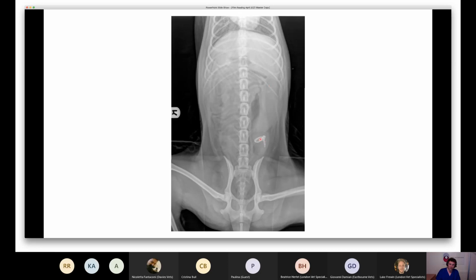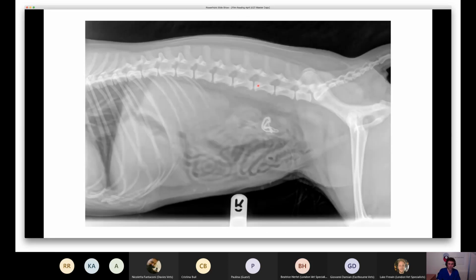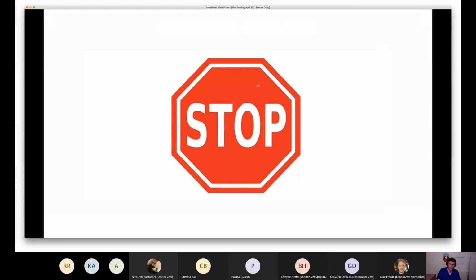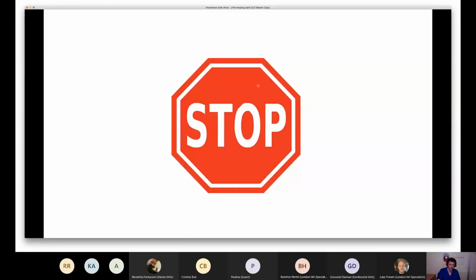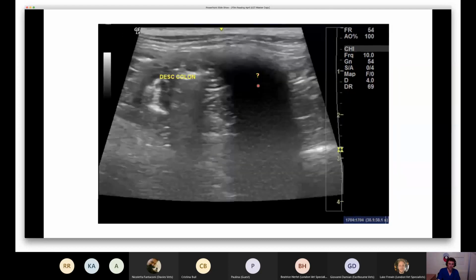So this is our swab, and this is the contrast within the swab that makes it easy to see. And then this is all just a really angry left retroperitoneal space as a result of that swab that's been left behind.